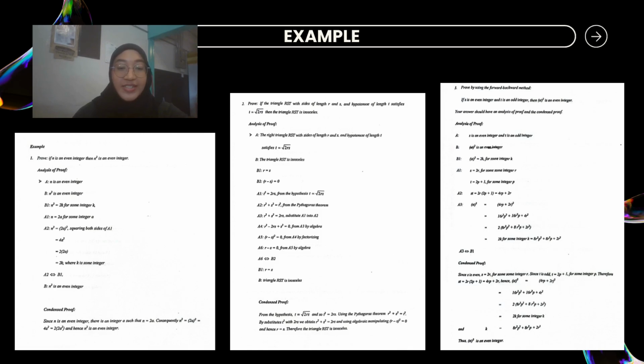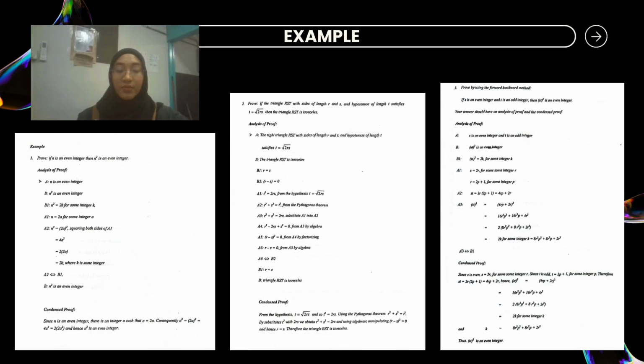A5: by factorizing A4, we get (r minus s) squared equals 0. A6: r minus s equals 0, derived from A5. Therefore, A6 is equivalent to B2, B1 r equals s, and B: triangle RST is isosceles.